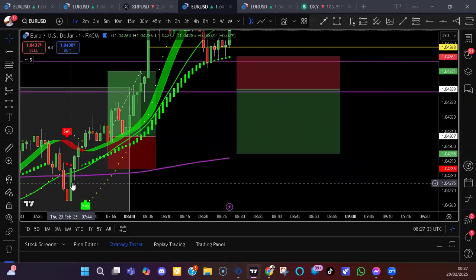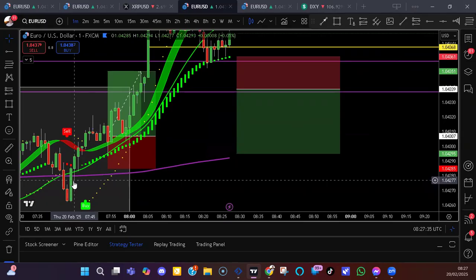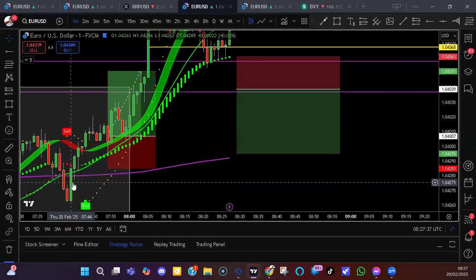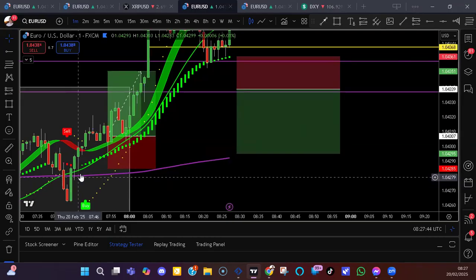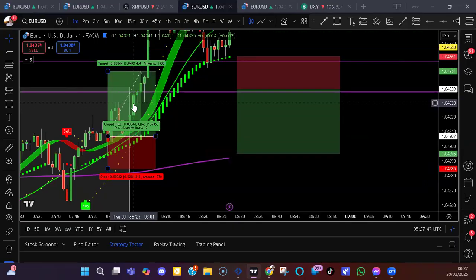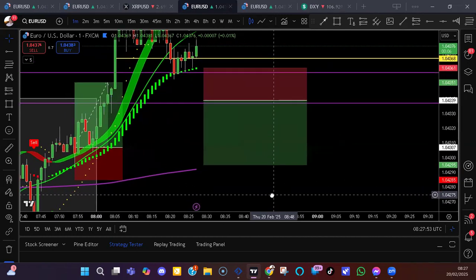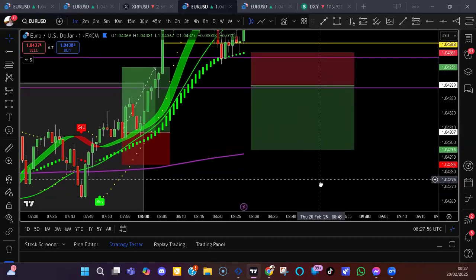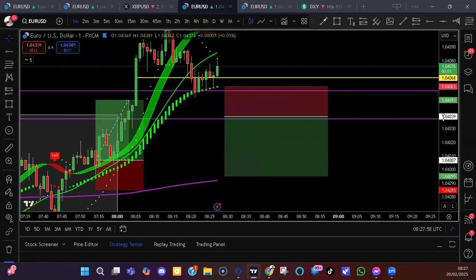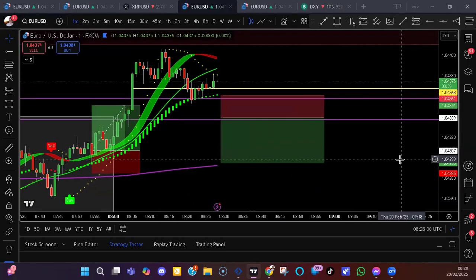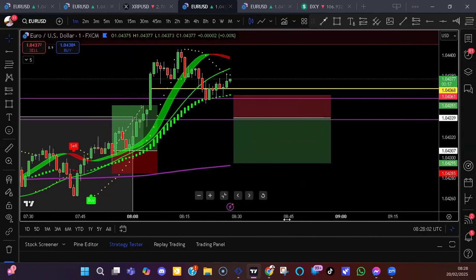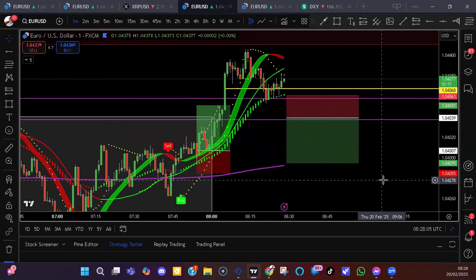On the 1 minute, we've got a little bit of imbalance just there that they may want to take up. But on higher time frames, it's just about here. That might be enough for them to pop down. But the general trend is surges of buying power.